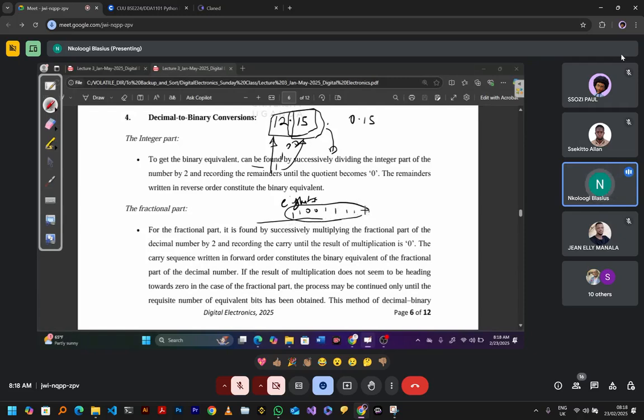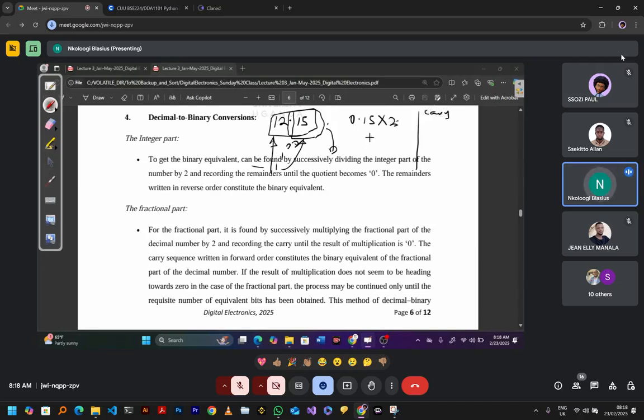That's when you're not actually heading towards a 0. So in this example I'm trying to give you here, if you had a task of converting 12.15 to base 2, we said that first step, you multiply it by 2, then you're going to be having a result here, then you record your carry here.